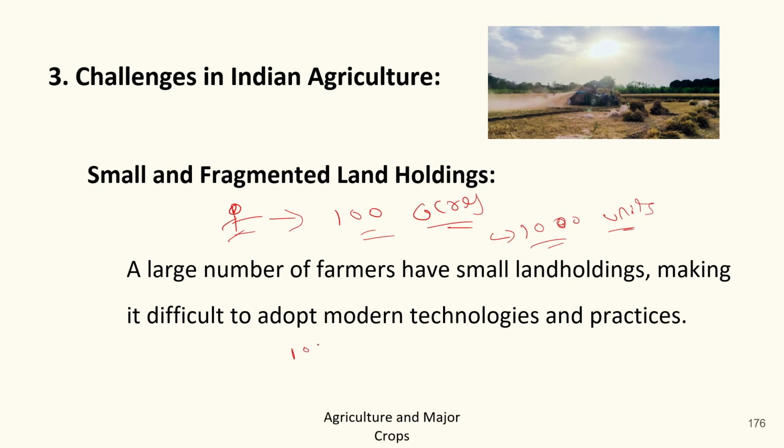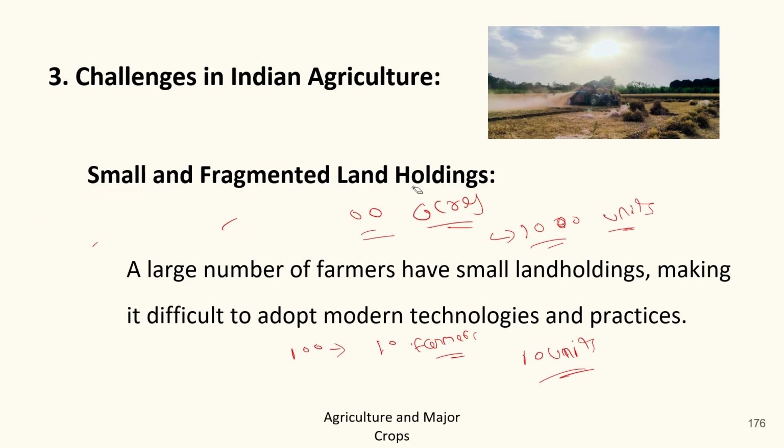But if this 100 acres of land is divided among 10 farmers, then they all could produce only 10 units each and their income will be low. So it is the first drawback. Due to the small land holdings, the farmers could produce only a small amount of units and will earn a low income.